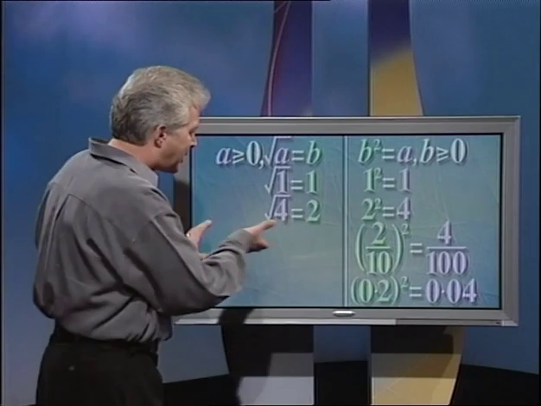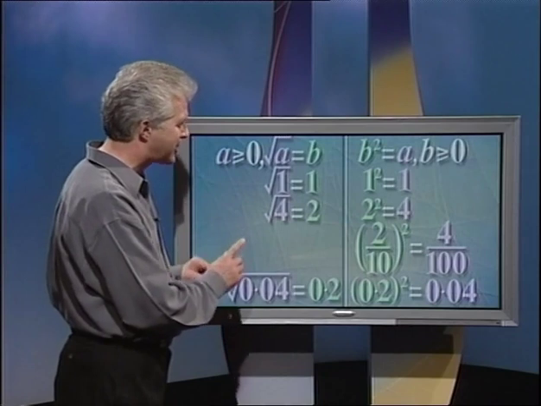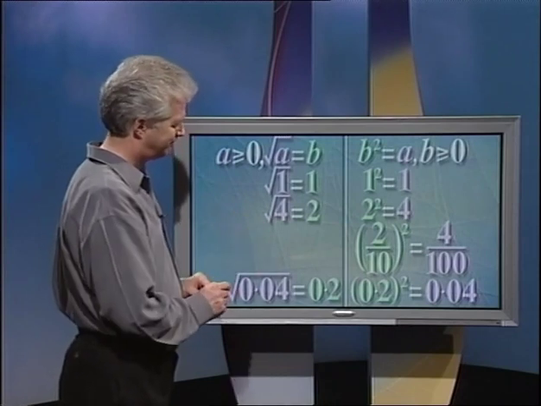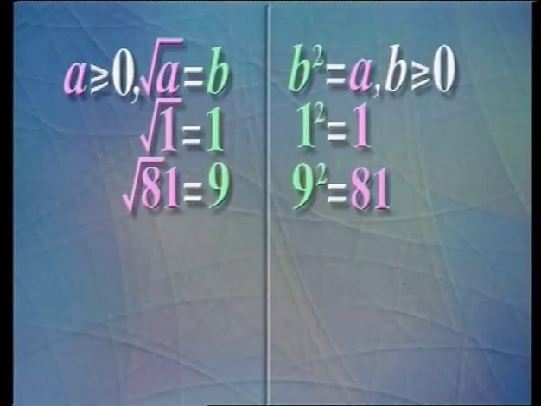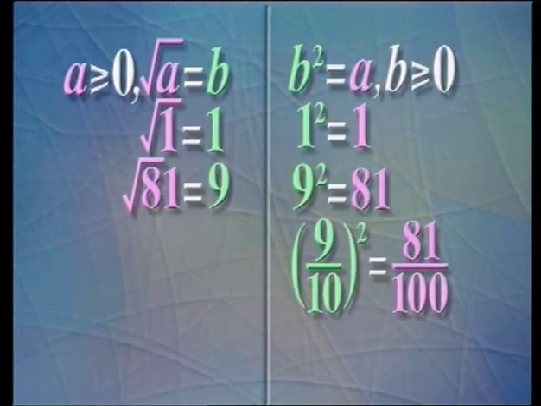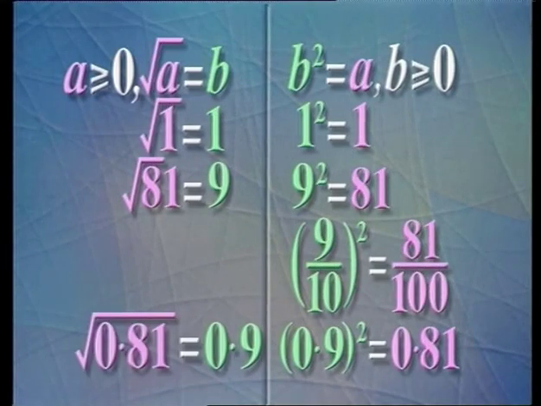Now, making the link to the left-hand side of the screen, the square root of 0.04 equals 0.2. Right, let's do the same sort of thing for 81 and 9. Now, 9/10 all squared is 81 over 100, or in decimal terms, 0.9 all squared is 0.81. And you can now say that the square root of 0.81 is 0.9, which is again larger than 0.81.